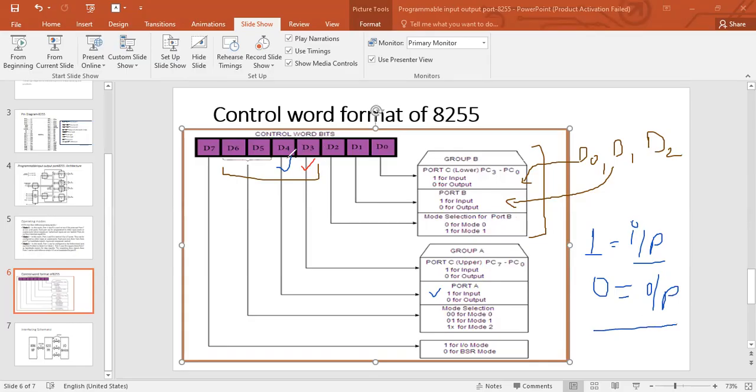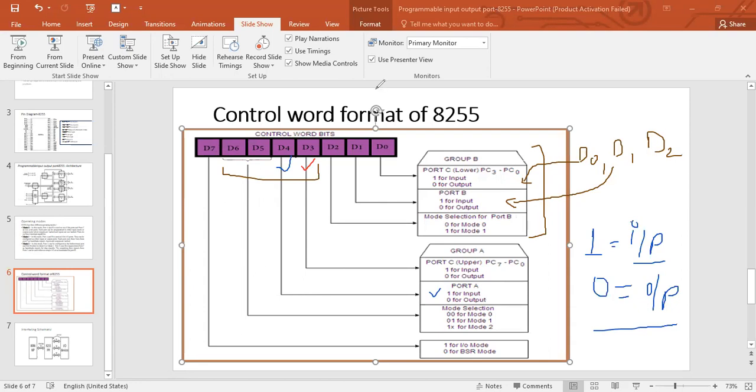So what is the function of the D4 and D3 bits? These bits decide whether port A and port C are input ports or output ports.